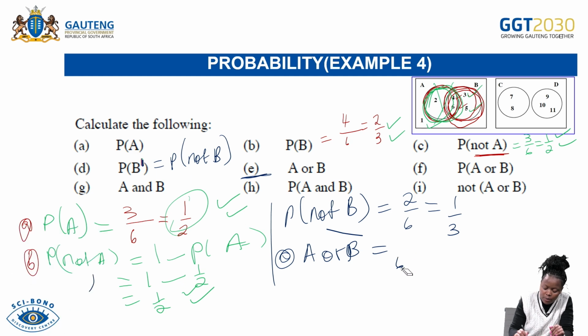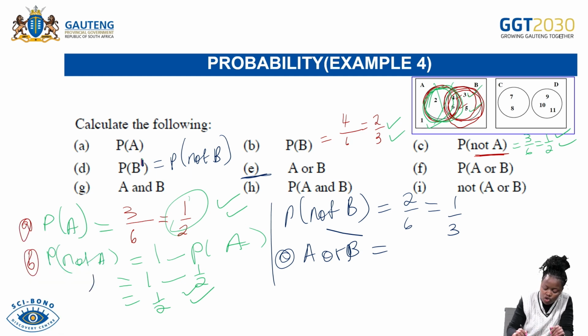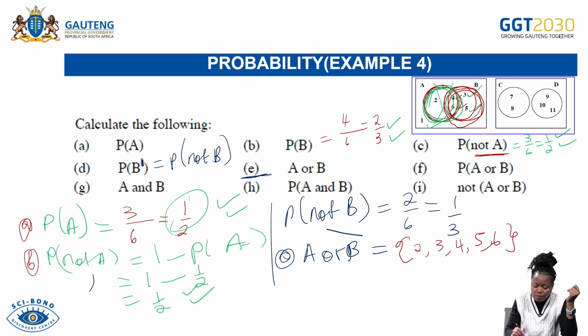They just said A or B. They didn't say the probability of A or B. So you're just going to write the possible outcomes of A or B. So it's going to be 2, 3, 4, 5, and 6. This is A or B.